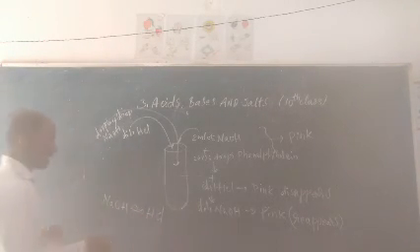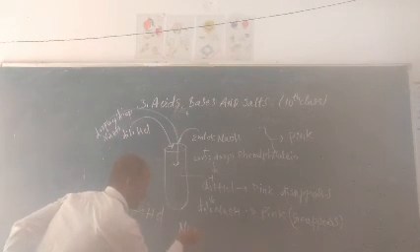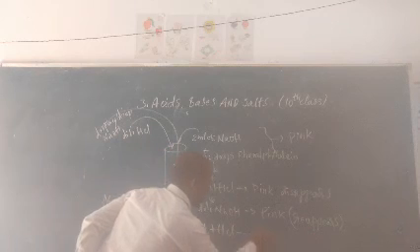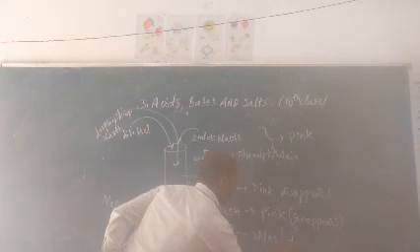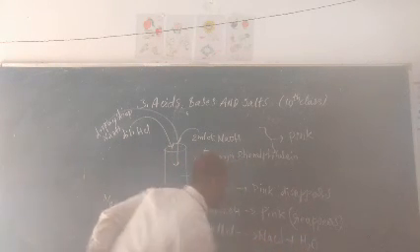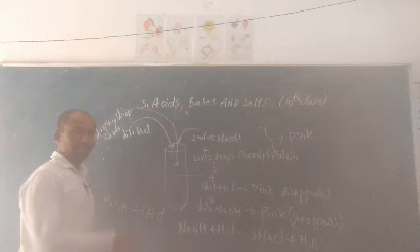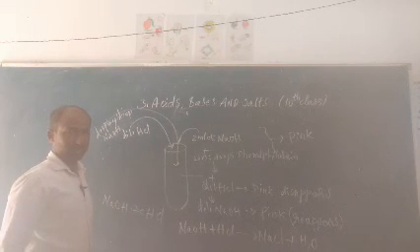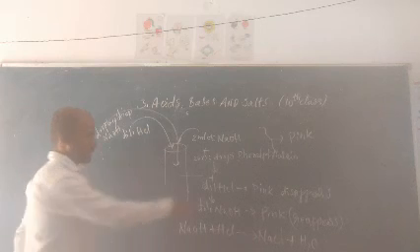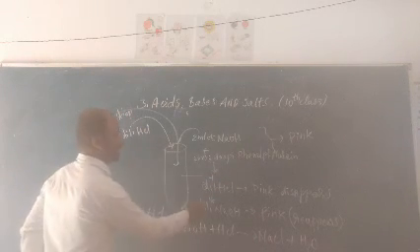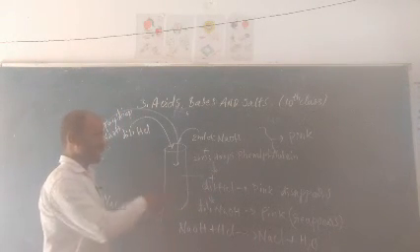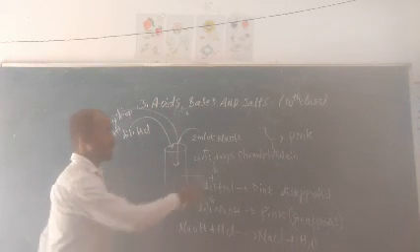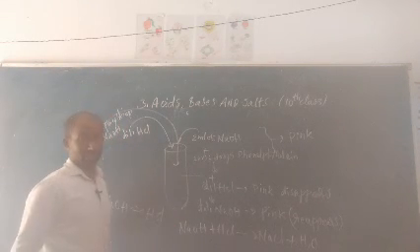So this reaction occurs: NaOH plus HCl gives NaCl plus H2O. NaCl is dissolved in the aqueous solution. That's why the pink color disappears. Again, if you add dilute NaOH, the pink color reappears. It means the basic solution is increased. That's why the pink color reappears.